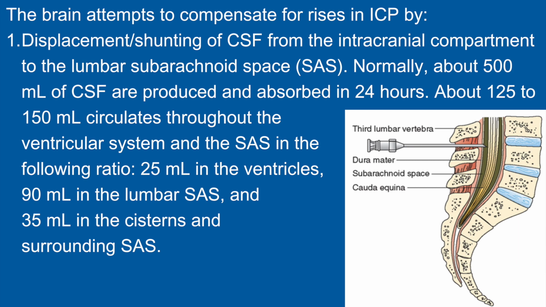About 125 to 150 ml circulates throughout the ventricular system and the subarachnoid space in the following ratio: 25 ml in the ventricles, 90 ml in the lumbar subarachnoid space, and 35 ml in the cisterns and surrounding subarachnoid space. CSF is absorbed through arachnoid villi back into the bloodstream every day.